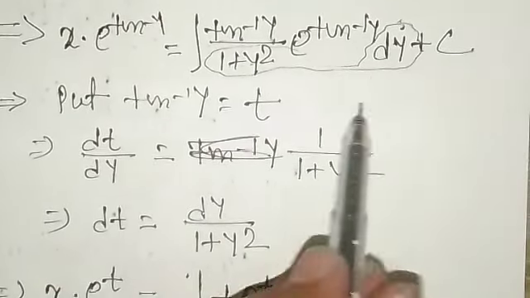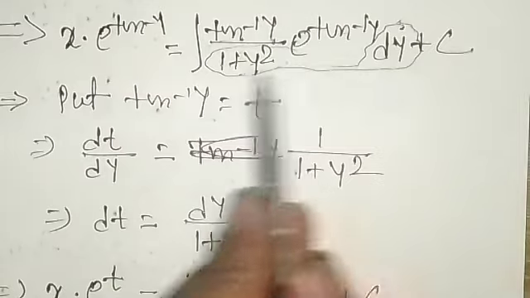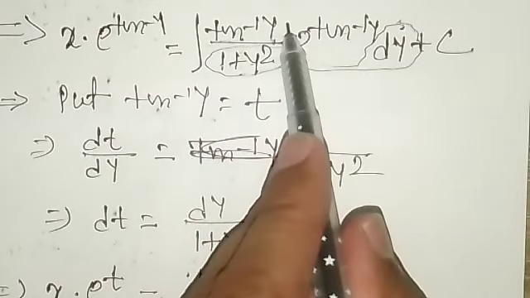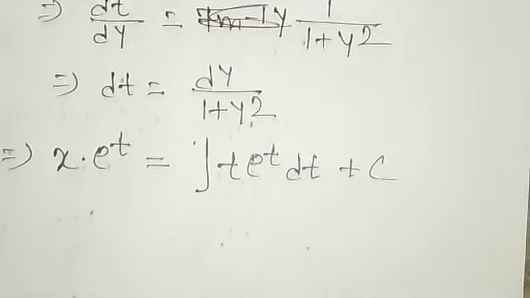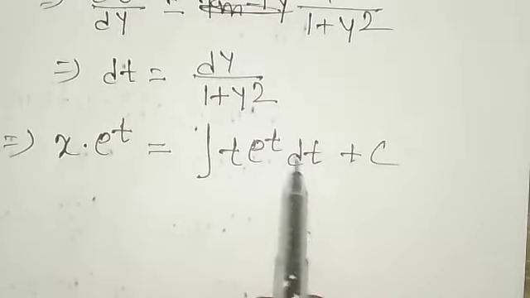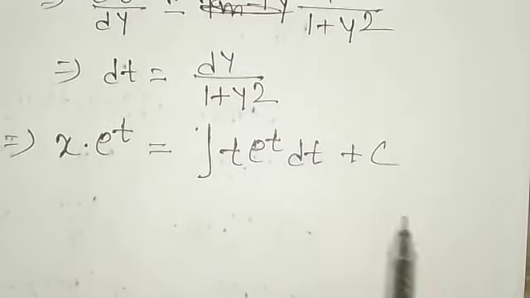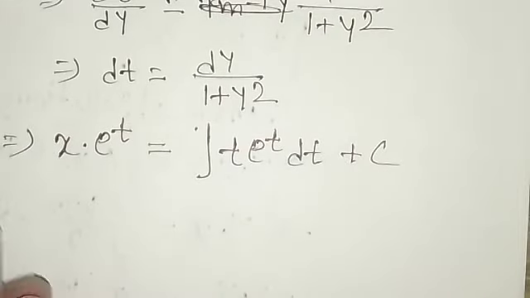So this is the simplified way: dy by 1 plus y square gives dt, and e to the power of tan inverse y means e to the power of t. So the equation will be t into e to the power t dt plus c. Now we can simplify this equation.